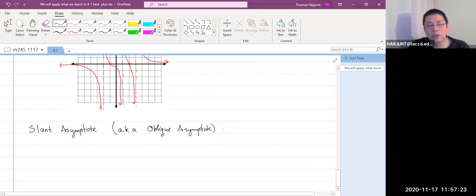A slant asymptote is the linear asymptote, it's a line, whose slope is not zero nor undefined.